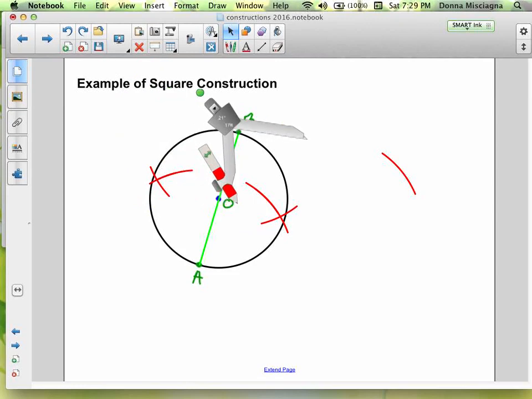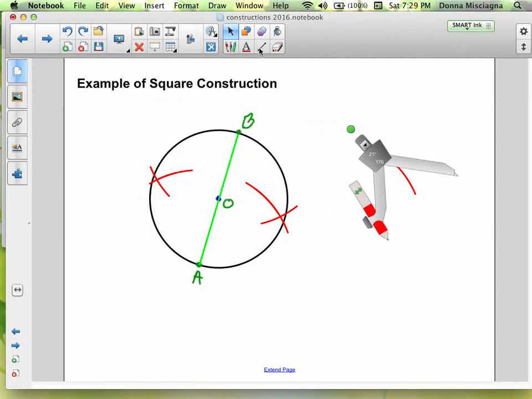Because now I'm going to draw my diagonal, and I think it'll still be green. I'm going to draw it so that it intersects the intersection of the arcs as well as the center of the circle and the edge of the circle. All right, so now let's mark those points.